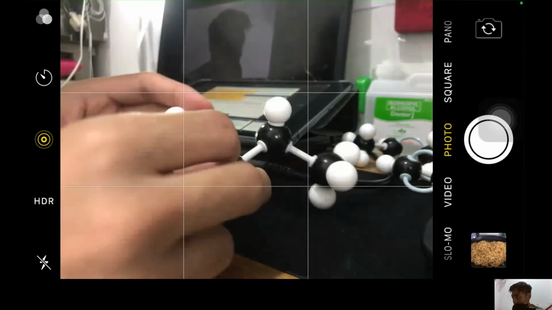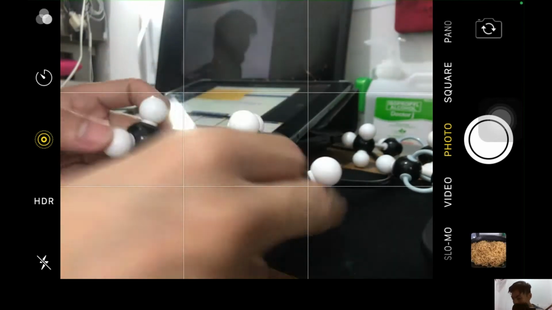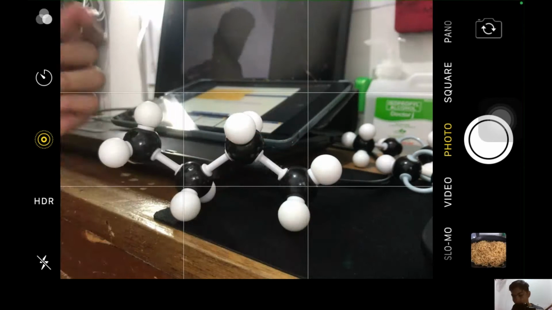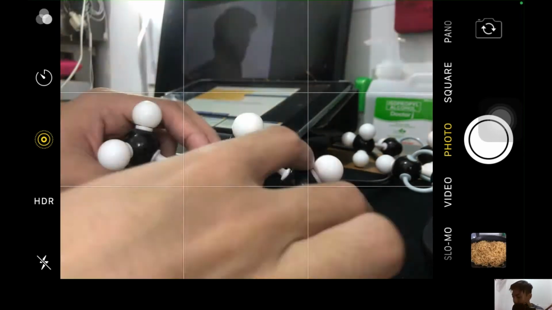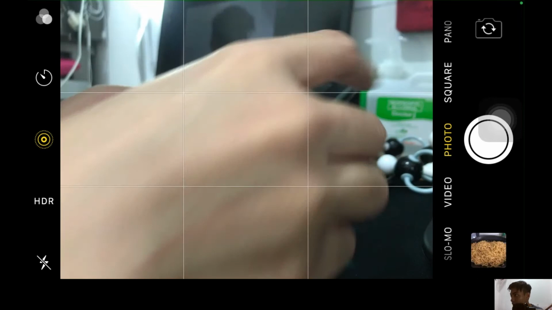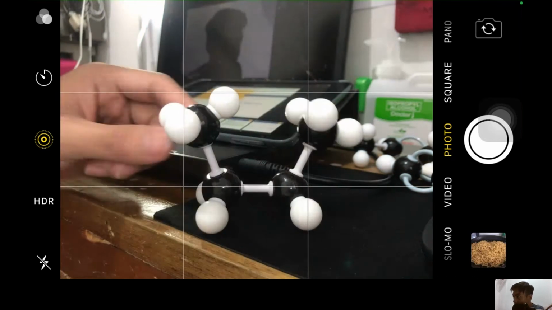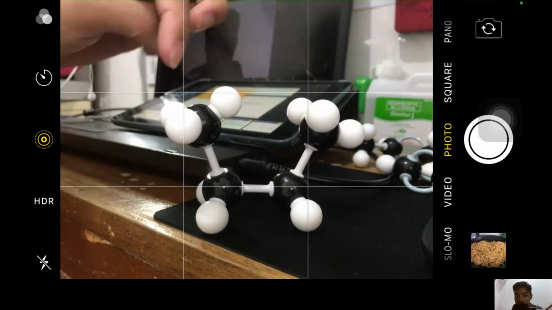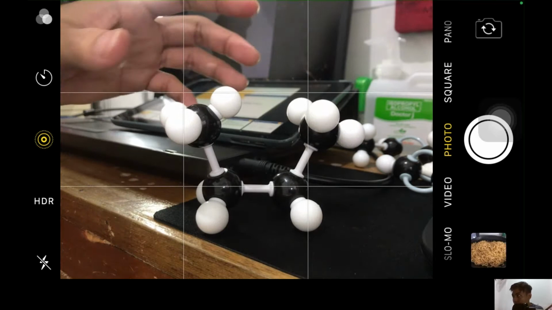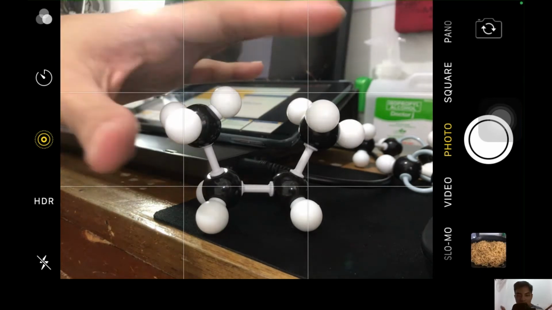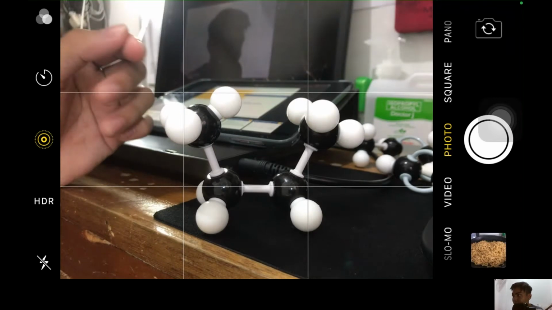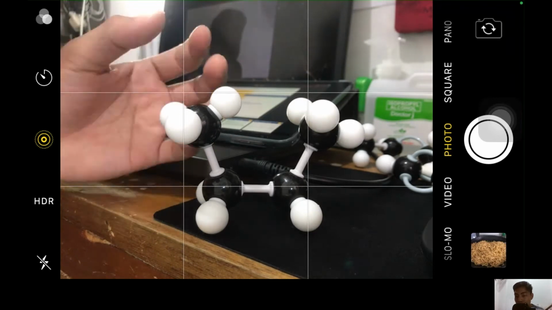So kaya ganyan yung stable version ng ating butane, naka-zigzag. Kasi pwede mo ikutin yan to form this one. However, yun nga, steric hindrance. Steric hindrance, ibig sabihin nun, bulky yung mga groups. So, ayaw natin yan kasi magre-repel yung mga electrons nila. That's according to the VSEPR theory pa rin.